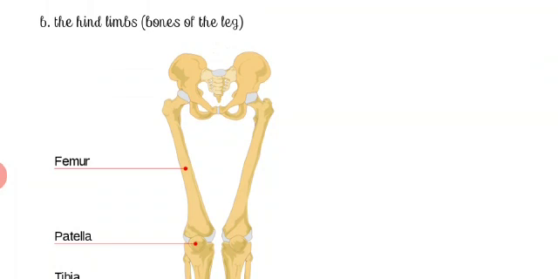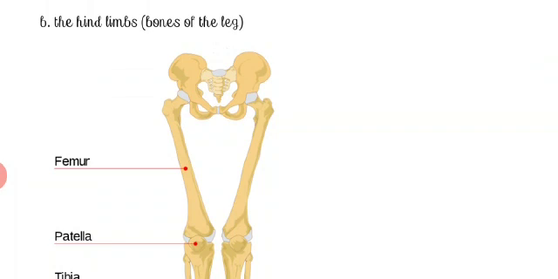You can see the femur. After the femur, and that femur we are talking about is considered the longest, strongest bone in the body. We have the patella. That is, if you touch your knee, you have a ball-like structure there, always rolling.